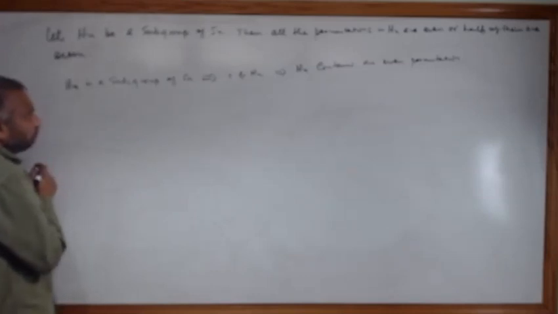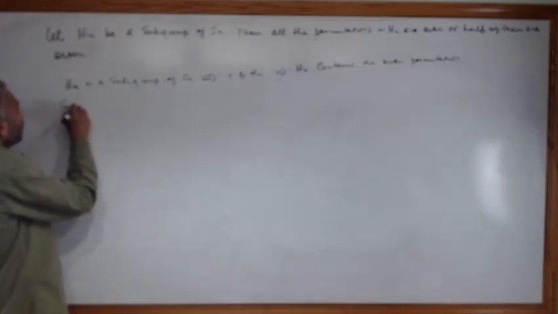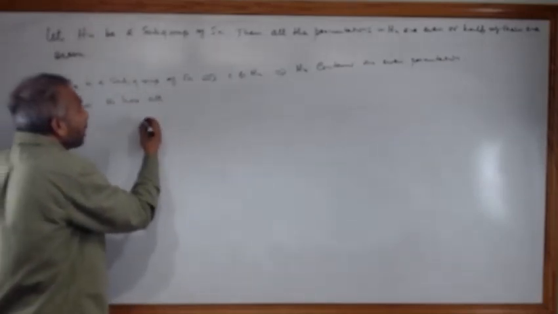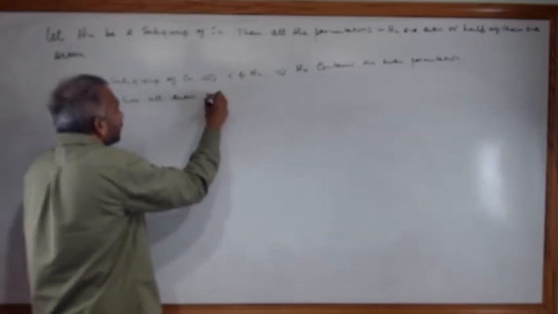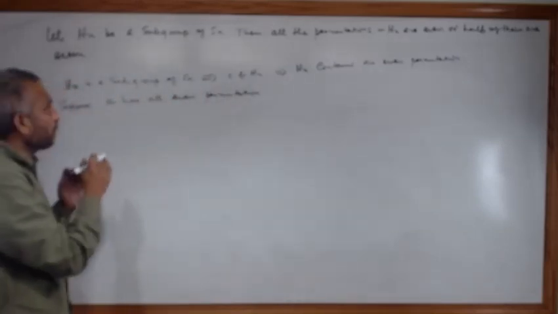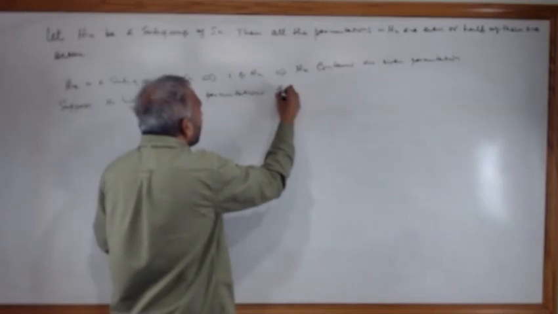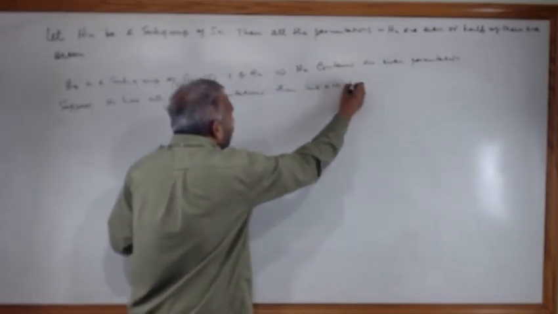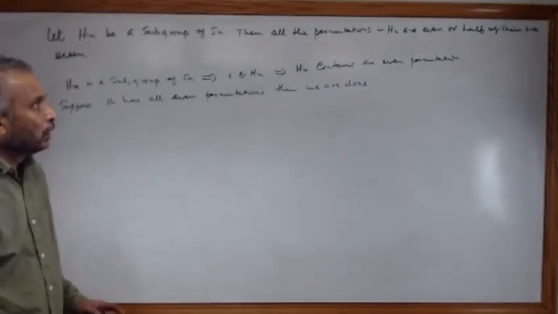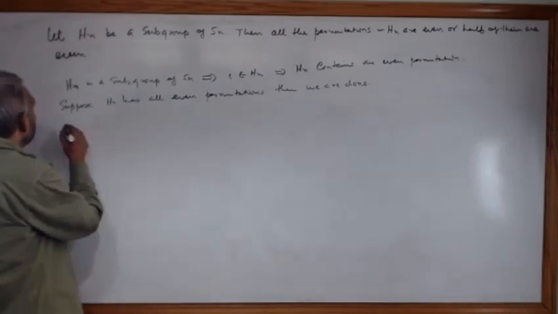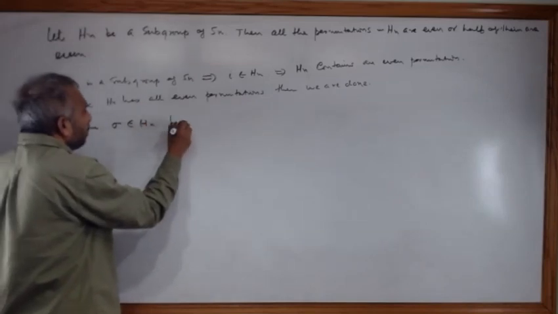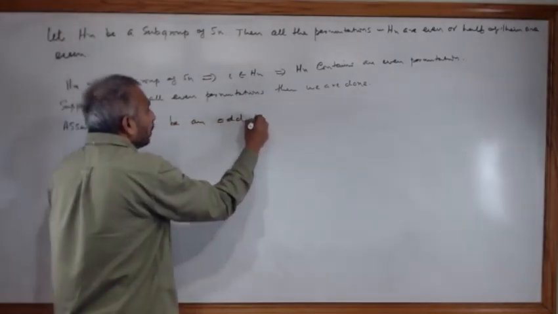Now suppose Hn has all even permutations. We know that there is one, but suppose that everything is even, then we are done. So assume that sigma belonging to Hn is an odd permutation.